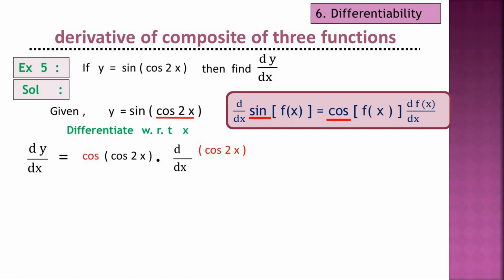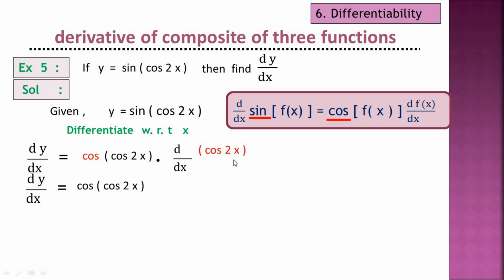I hope you understood. First we write the main function derivative, then the composite variable. So in the next line, you have to write the derivative of this cos 2x. In previous examples, we got a standard function, therefore we wrote the derivative answer directly. Now here again you see the function is not standard, it is cos of 2x, which means it is a composite.